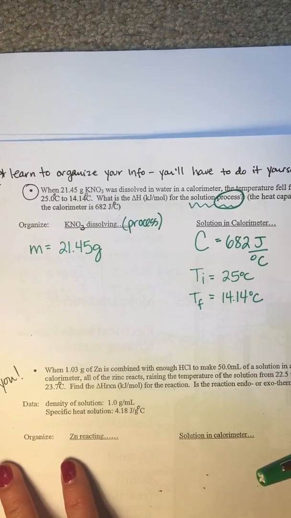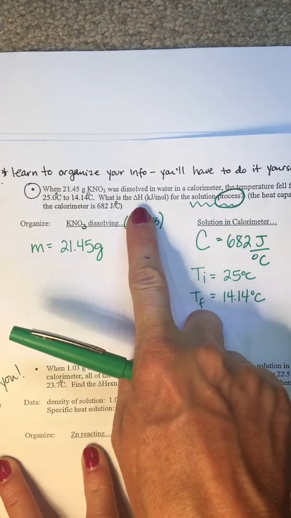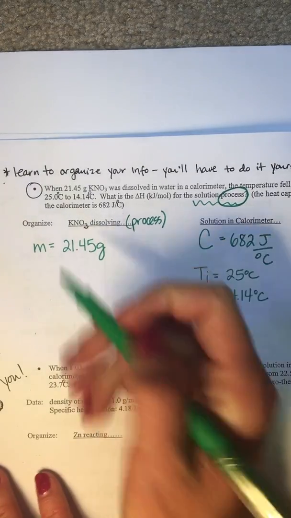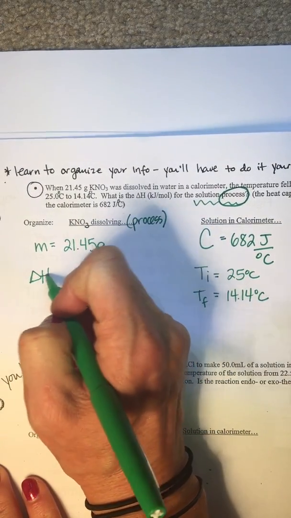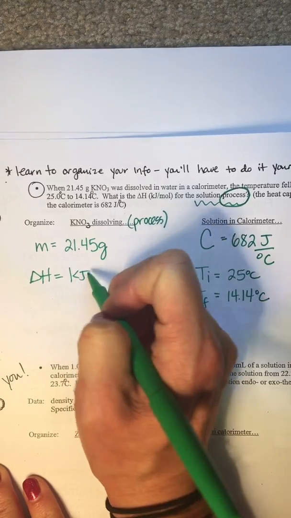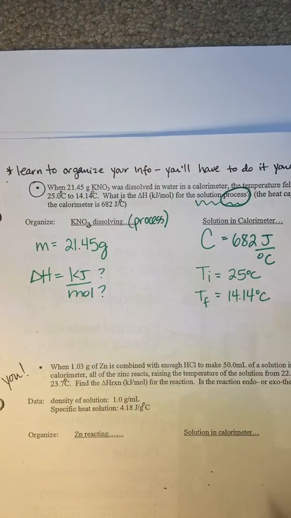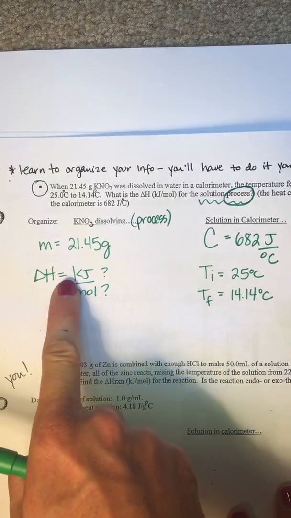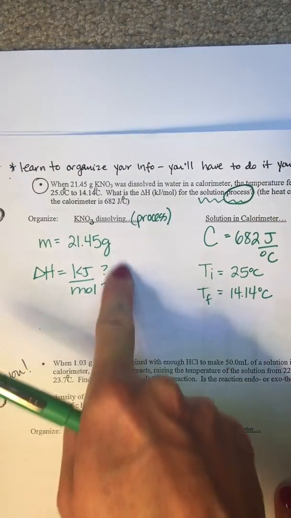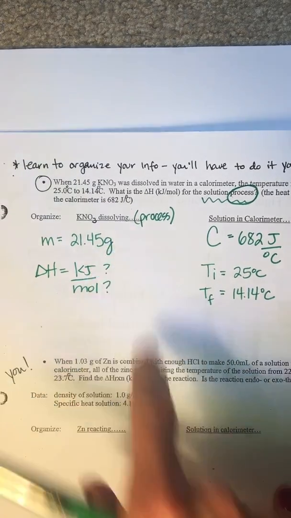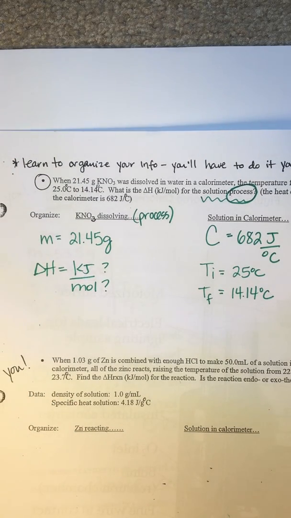So we've got all of our information organized. What are we solving for? The enthalpy of the solution process, the act of dissolving the potassium nitrate. This is what we're trying to find over here: our kilojoules over our moles. We don't have anything about kilojoules, our heat, over here. We do have almost our moles. We have our grams. Can anyone tell me how to go from grams to moles again?